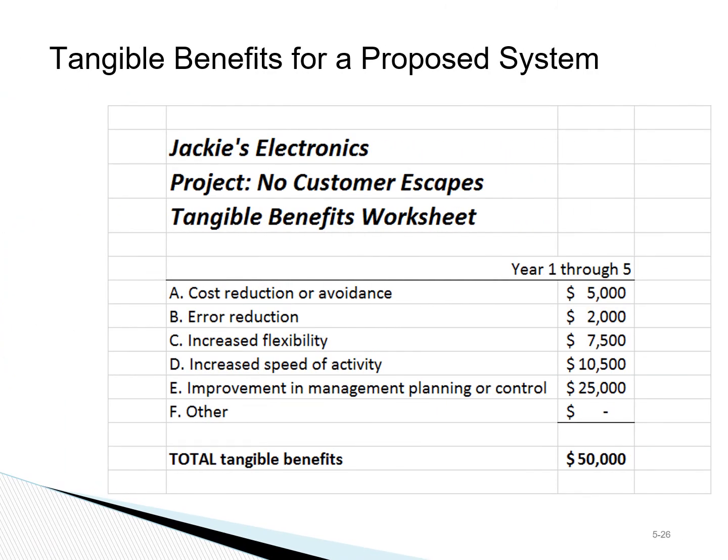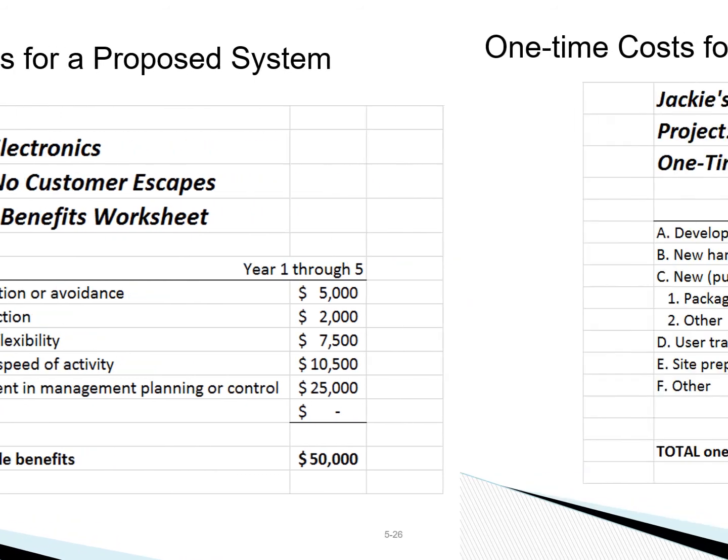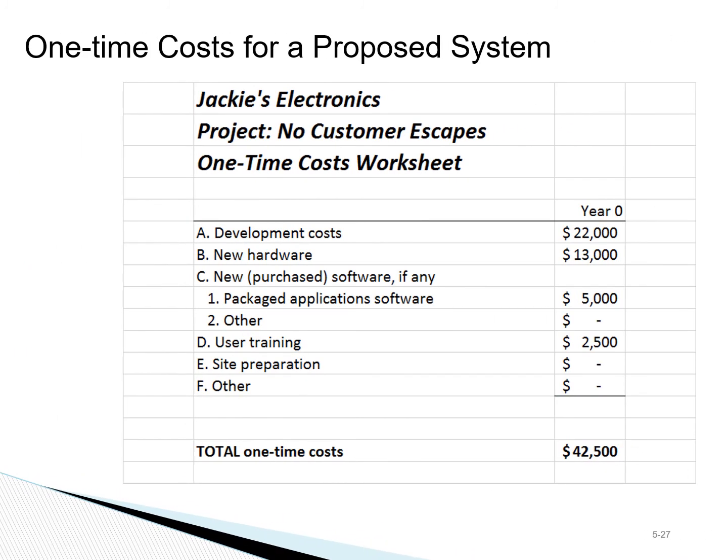During the analysis, one of the things we look at is what are the benefits of the system, and these benefits could be in the form of cost savings, error reduction, or improved productivity. We also need to look at the one-time costs associated with the project. These would be things such as development, if we are developing a system, or procurement costs associated with software as well as hardware, user training, site preparation.